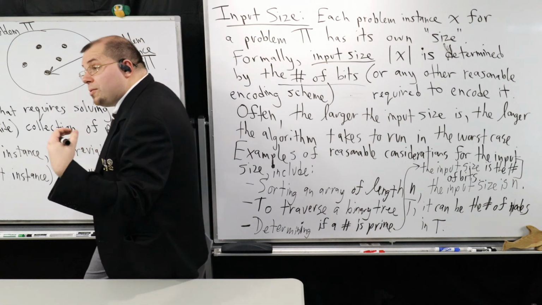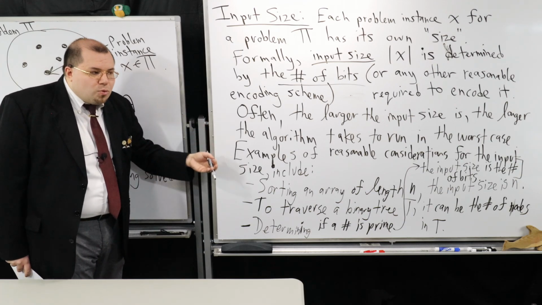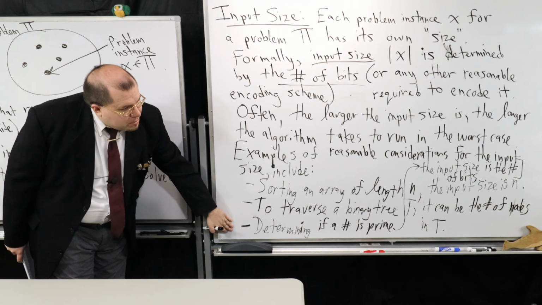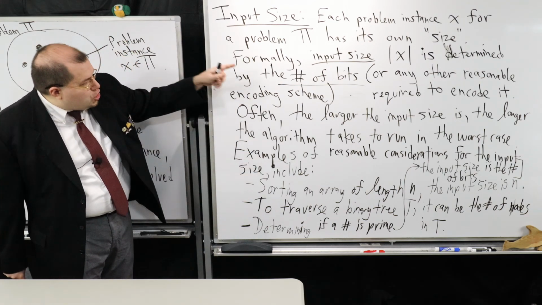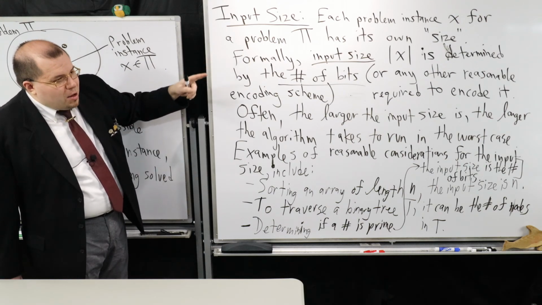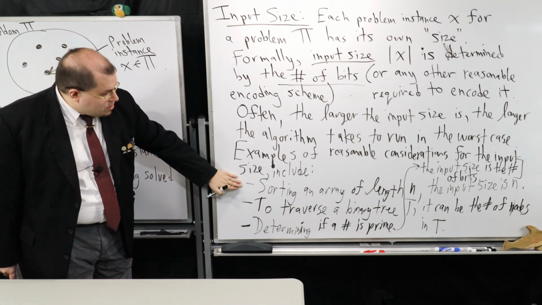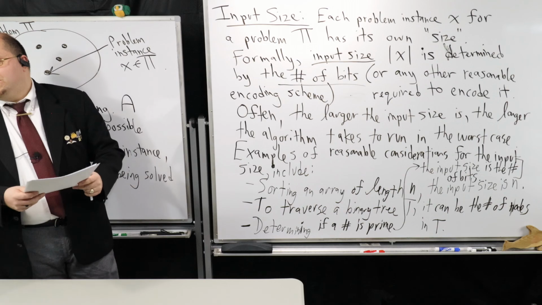So you see how, for different problems, we might consider the input size a little more delicately. For a number theoretic problem, like determining if a number is prime or not, we might be a bit more careful and go to this formal definition. For most cases, like we're going to see in this course, we're just going to look at the number of elements in the collection or container we're looking at, okay?